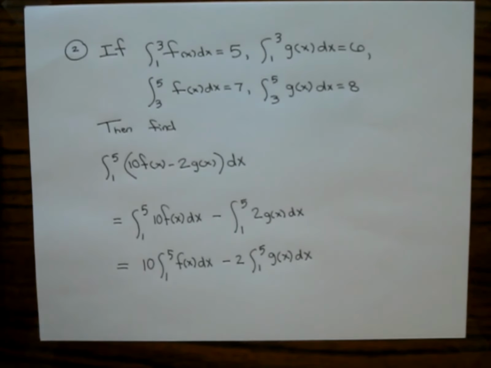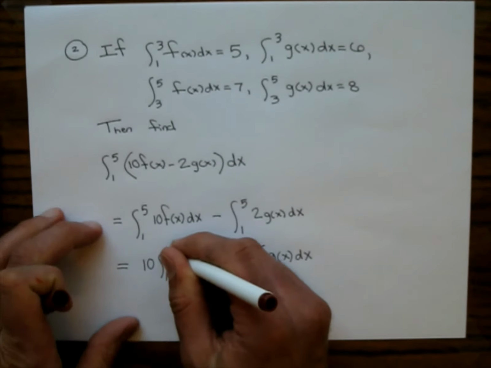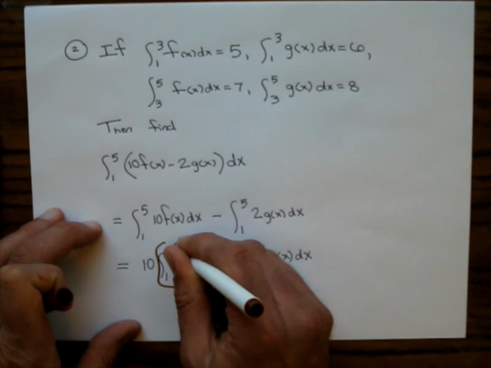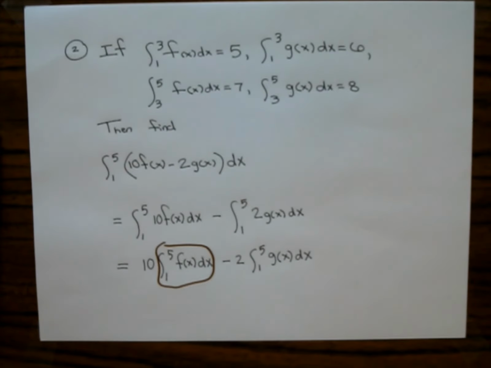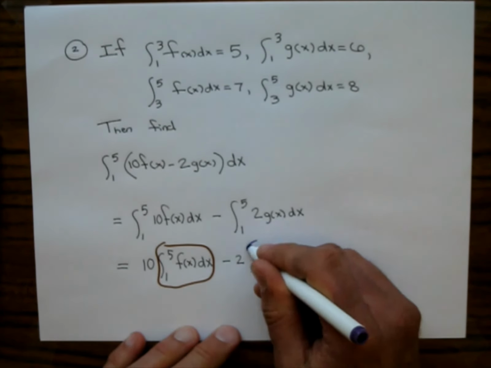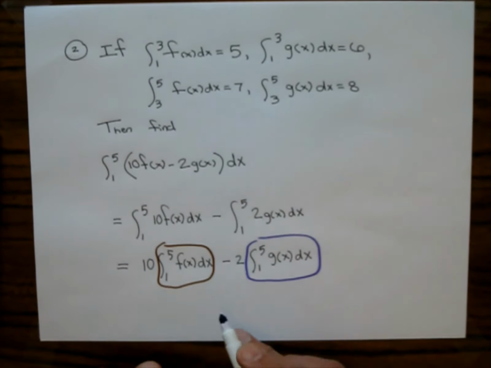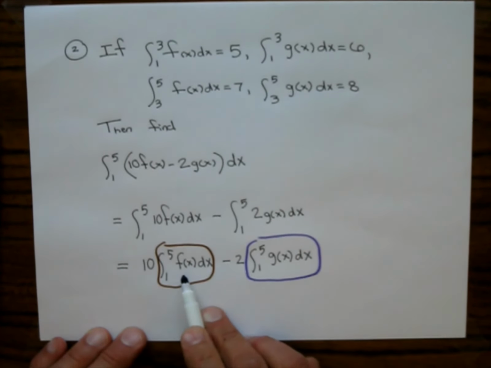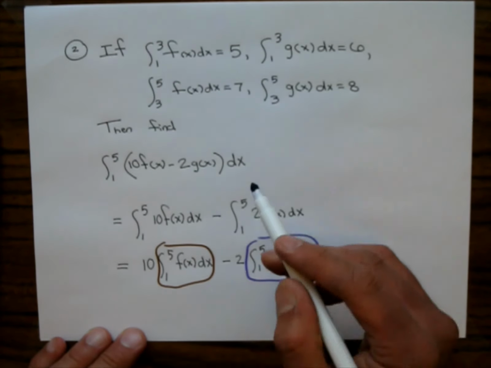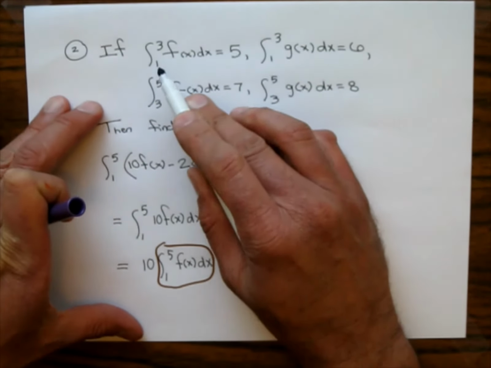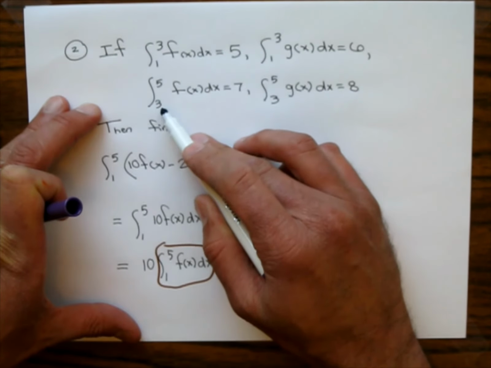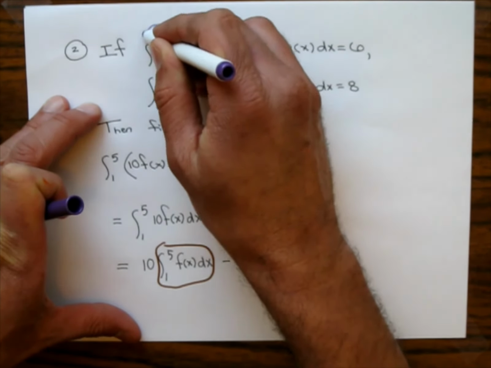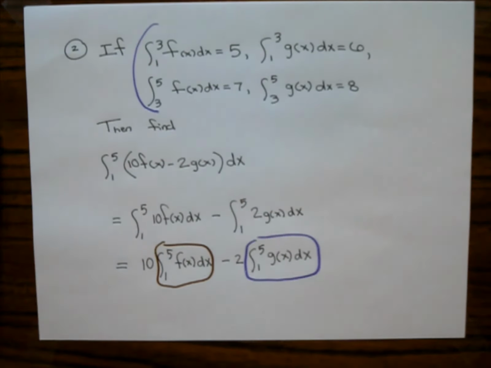And look what we have. We're almost done here. We have this guy right here, and we have this guy right here. So here's the deal. You're going from 1 to 5 and computing the net area of this function. Well, we're given this right here where we're going from 1 to 3, and then from 3 to 5.